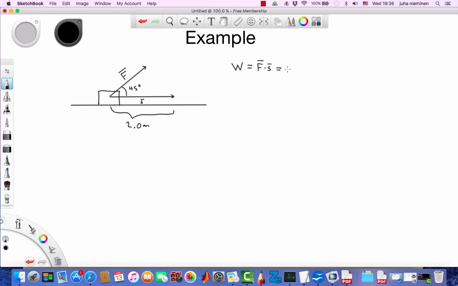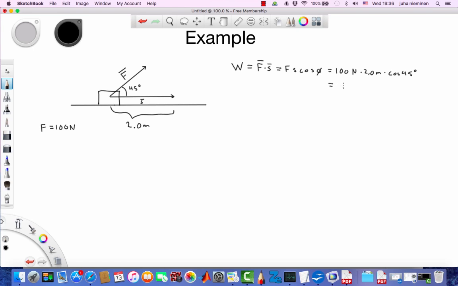As we saw from the previous slide, this is the same as F times S times the cosine of the angle between the two. Let's say the magnitude of F is 100 newtons. So we get 100 newtons times S, which is 2.0 meters, times the cosine of the angle between the two, cosine 45.